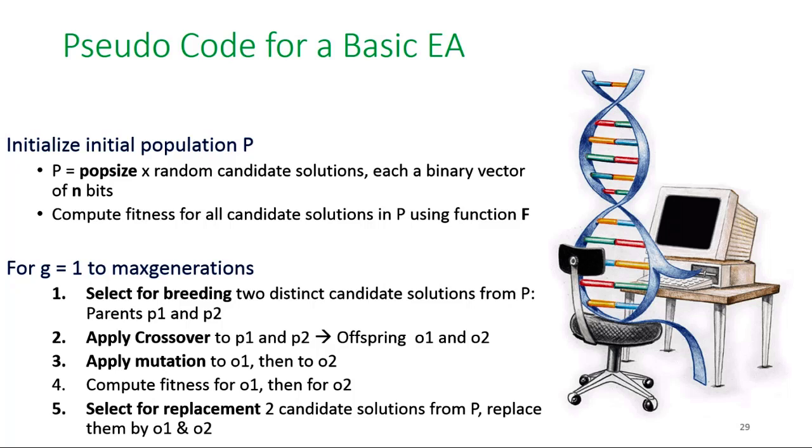But you're going to take O1, O2 and apply the most basic mutation version, which is a per-gene mutation version. So again, the biology lingo, what we refer to sometimes as a gene is just one of the bits in the candidate solution. Each bit is kind of like a gene in a chromosome.